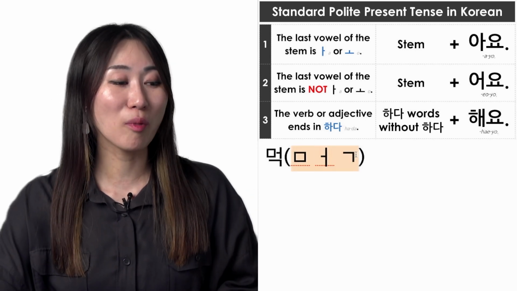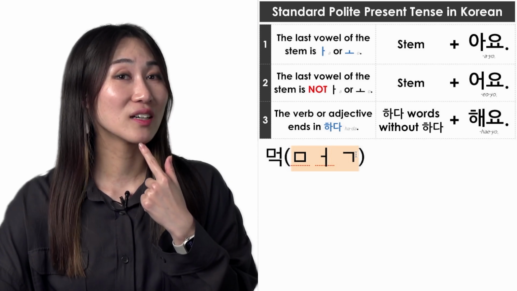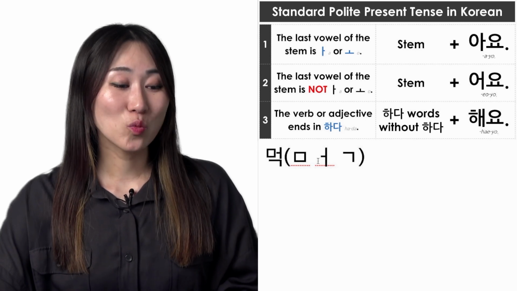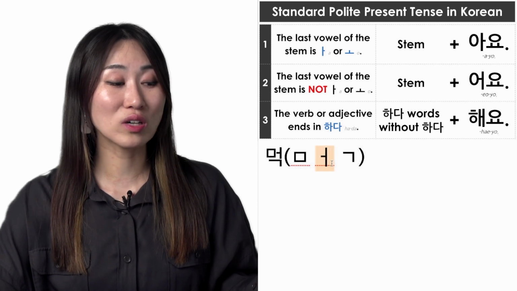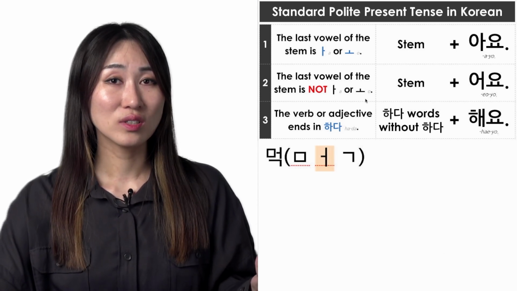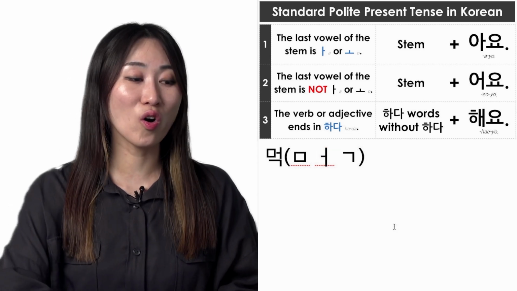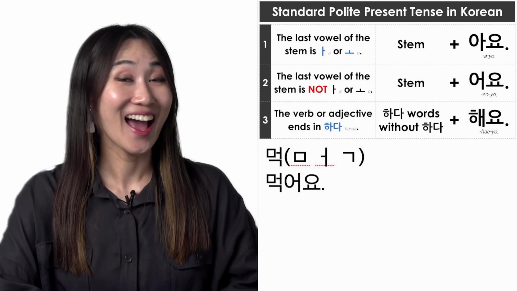So what is the last vowel? There's just one vowel, which is the o sound. This is not a or o, so you need to use 어요, as in 먹어요. It means I eat.